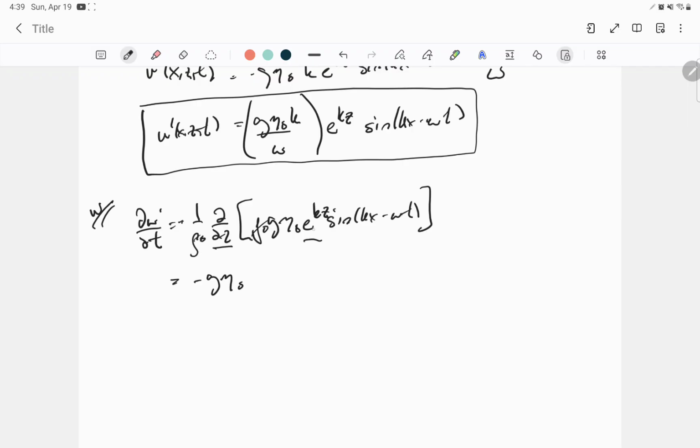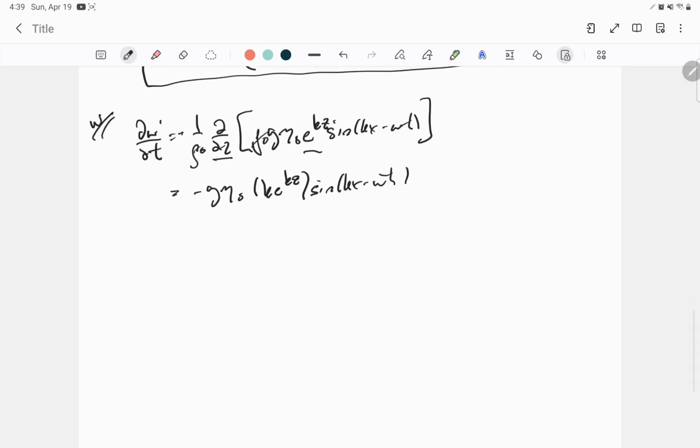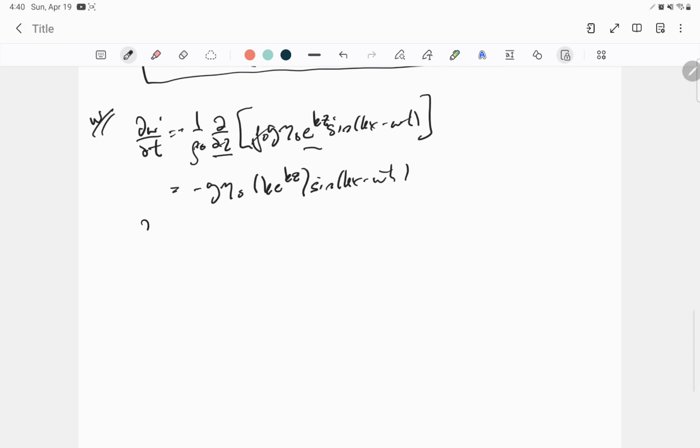The derivative now hits e to the kz, so we get k e to the kz back times sine kx minus omega t. And so we have partial w prime partial t equals minus g eta naught k times e to the kz times sine of kx minus omega t. And now again, we can integrate both sides.